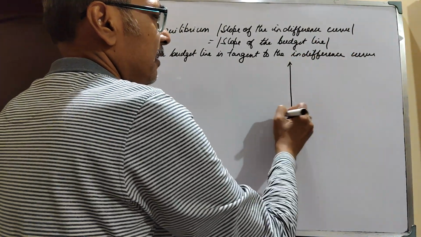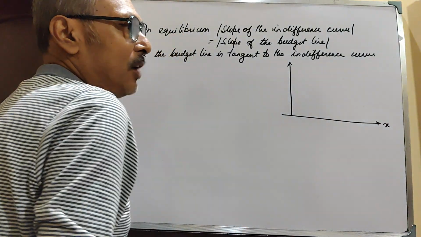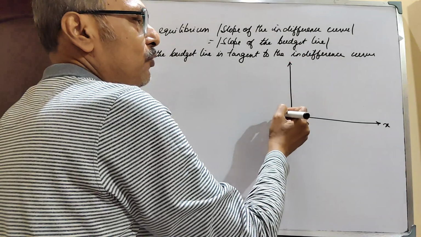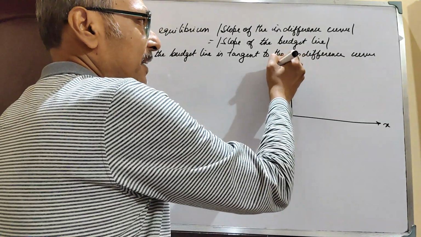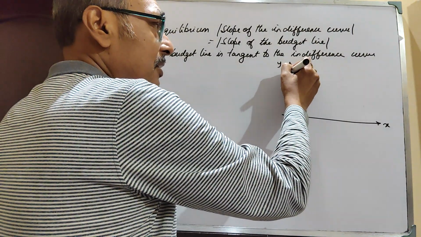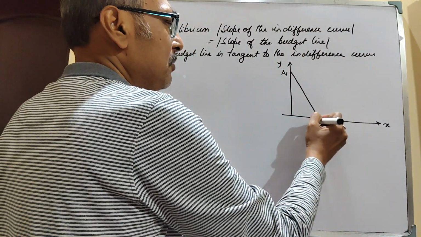Now I am drawing the graph. On the horizontal axis, I am measuring the quantity of commodity X. On the vertical axis, I am measuring the quantity of commodity Y. We know the budget line is downward sloping. It looks like this, A1 B1.